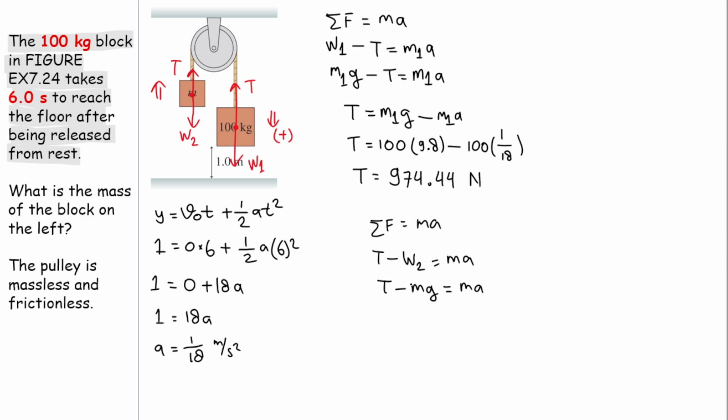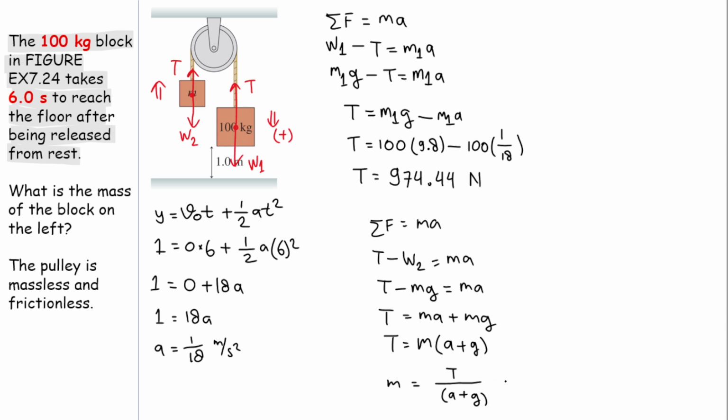We are looking for a mass, so let's put all the mass on one side. So I have T is equal to ma plus mg. We can factor out this m, so T is equal to m multiplied by (a plus g), and then m is equal to T divided by (a plus g).